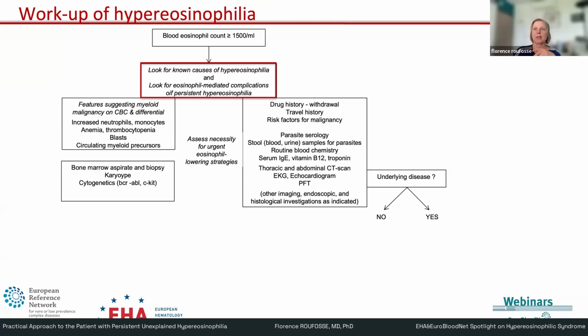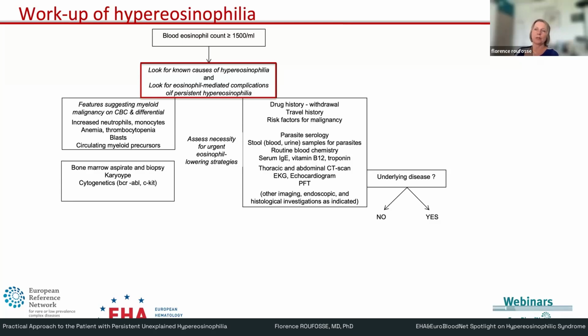In some patients, things are going to be very obvious from the onset because in the same complete blood count, which is showing the hypereosinophilia, you'll be seeing other anomalies which clearly are driving you towards the diagnosis of a hematological malignancy. This will be the case if you see increased presence of other lineages, for example, basophils, neutrophils, monocytes, which will direct towards some other form of myeloid neoplasm, but also in presence of decreased red blood cells or platelets.